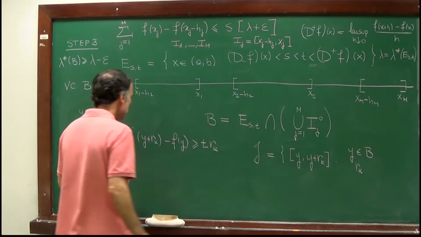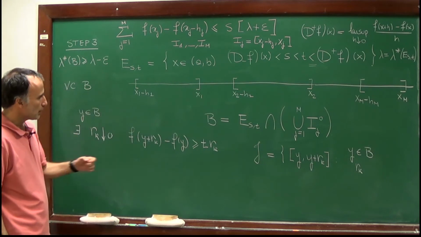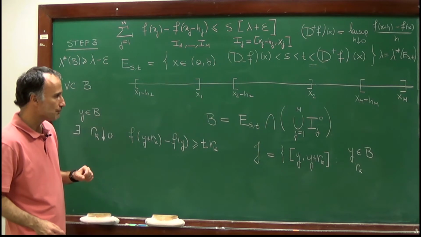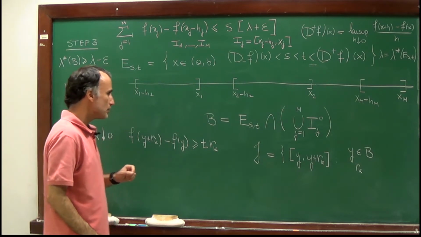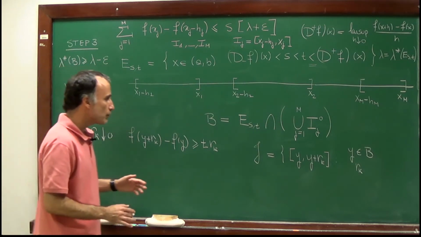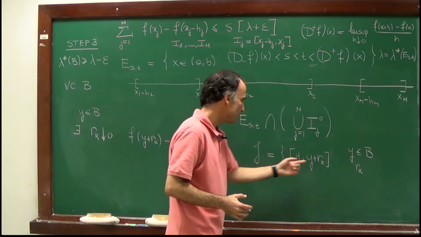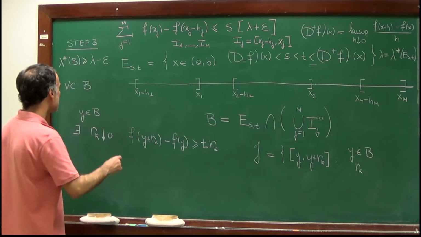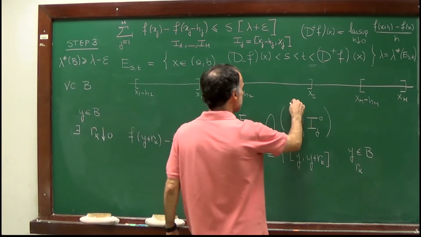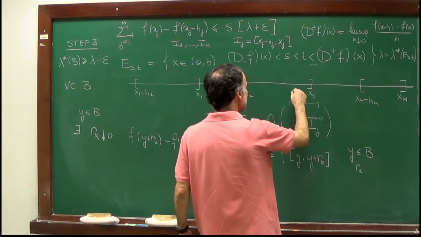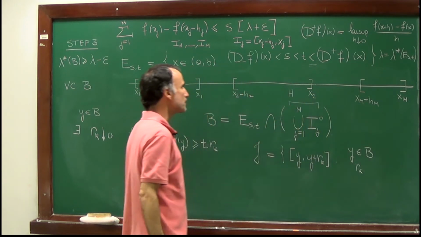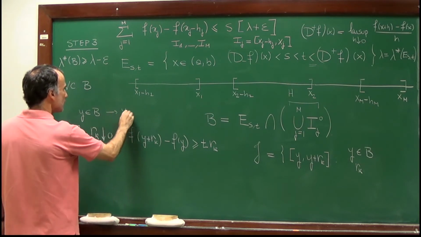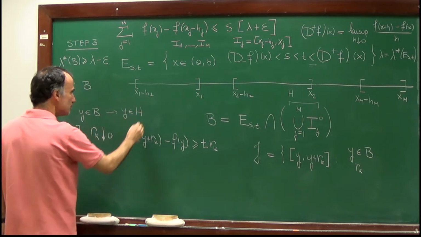But I will not keep all r_k, only the small ones. Why the small ones? Because I will need an interval inside the open set. What do I mean by small? Y belongs to B. Let me call this set H, which is an open set. So if y belongs to B, then y belongs to my set H, which is open.